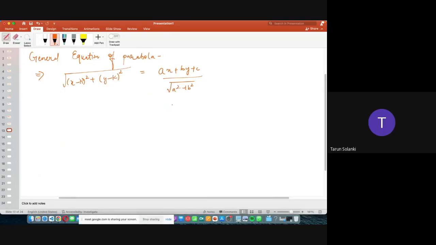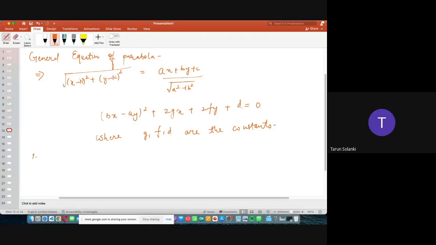Which gives (bx minus ay) whole square plus 2gx plus 2fy plus d equals 0, where g, f, d are the constants.